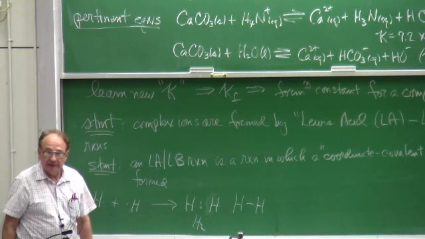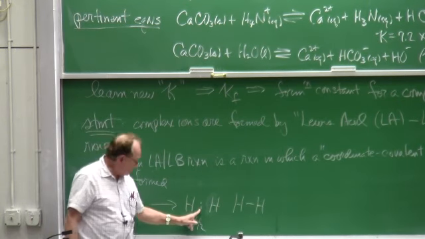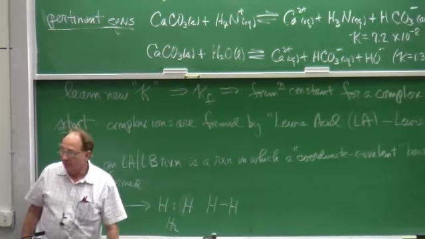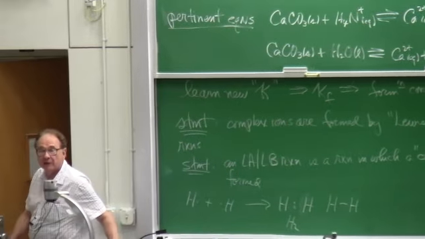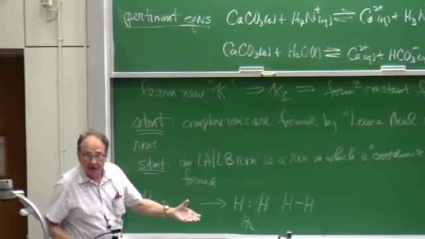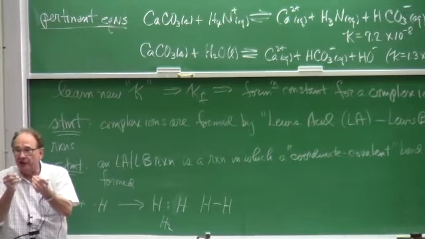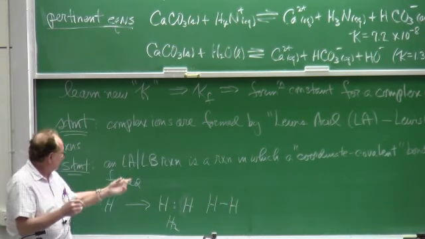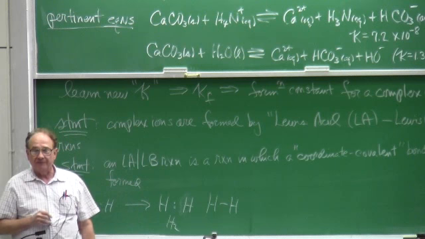A covalent bond. Covalent because this thing belongs to each of the bonding partners. Well, when we form a coordinate covalent bond, we're making the same kind of bond interaction. We're going to wind up with a shared pair of electrons between the species that got connected together by the Lewis acid, Lewis base reaction.